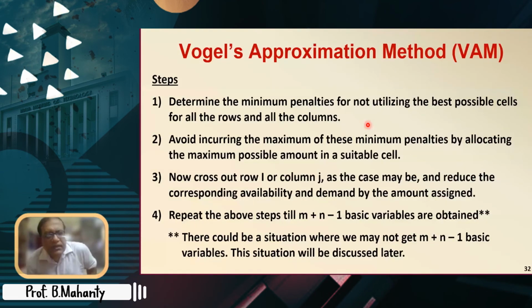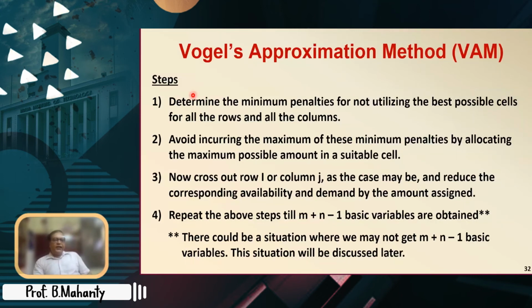All right. So this is exactly what you are doing. Determine the minimum penalties for not utilizing the best possible cells for all the rows and all the columns, and then avoid incurring the maximum of these minimum penalties by allocating the maximum possible amount in a suitable cell.